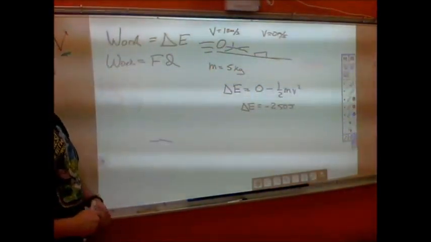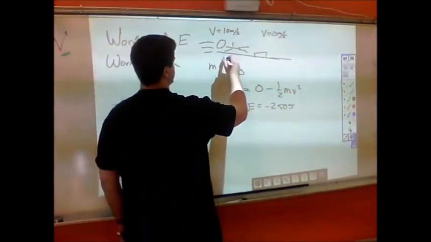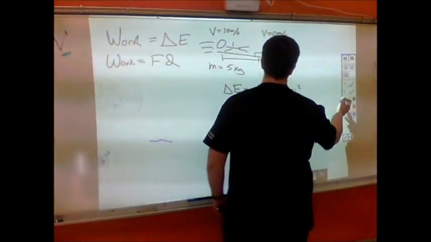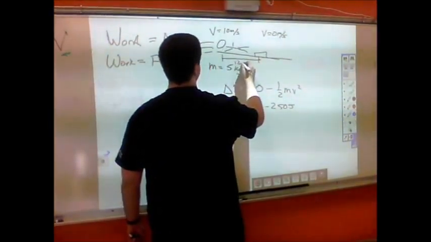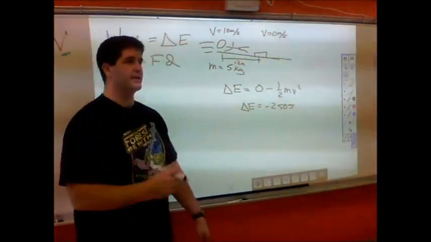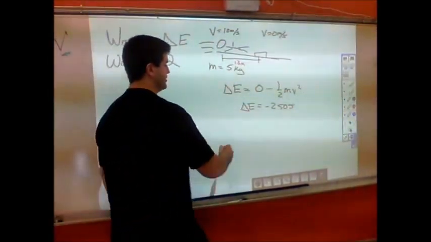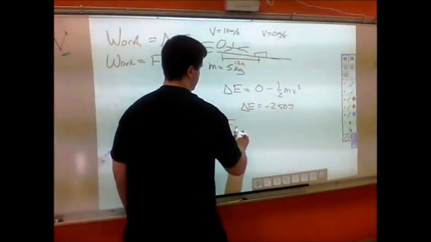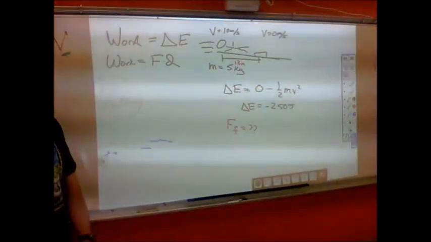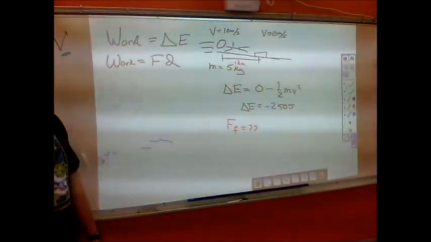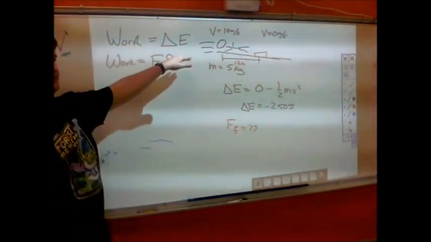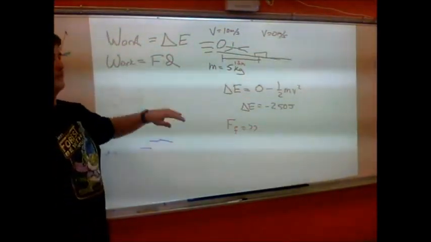All right, so now the question is, if she was, we'll say, 13 meters away from home plate when she started sliding, what is the force of friction acting on her? Well, we know work is the change in energy, and work is force times distance.